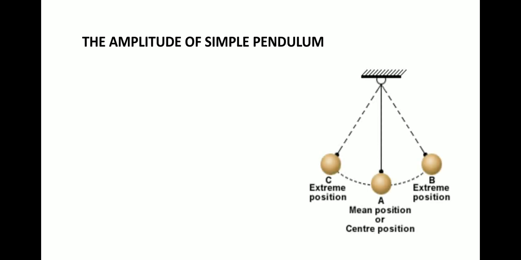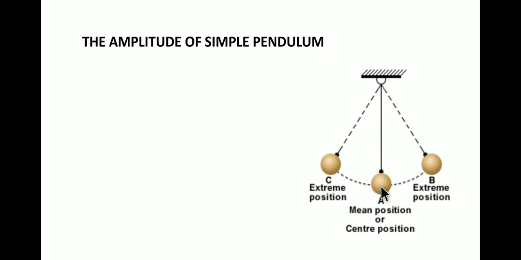Next, the amplitude of a simple pendulum. In the figure, as I have said, when it is drawn up to a certain point and released, it moves back and forth, to and fro, from this point to this point, going through the mean position.